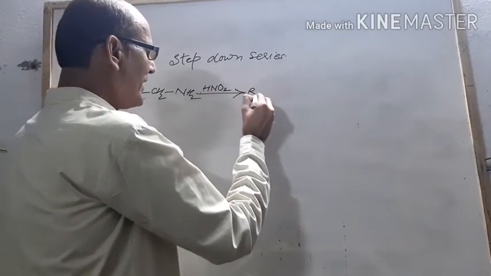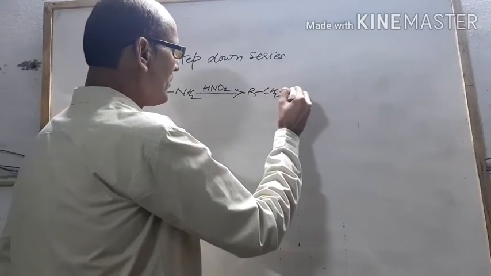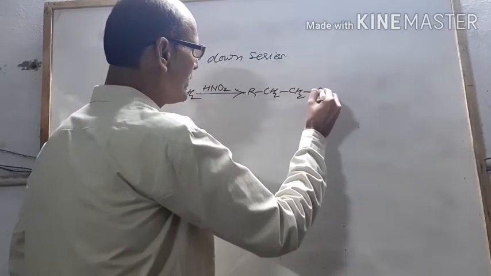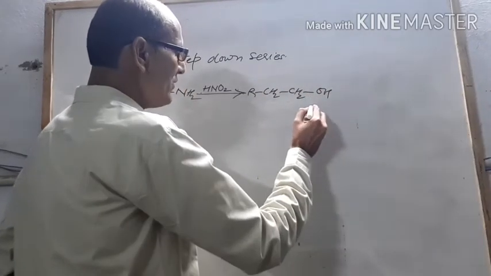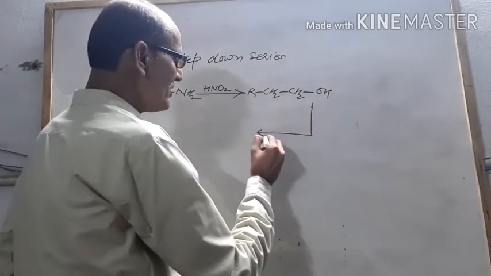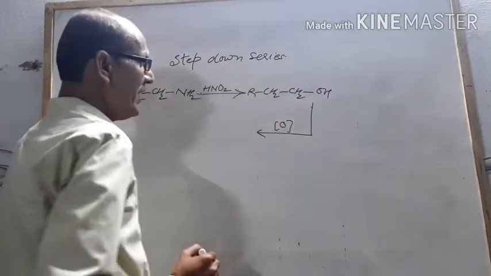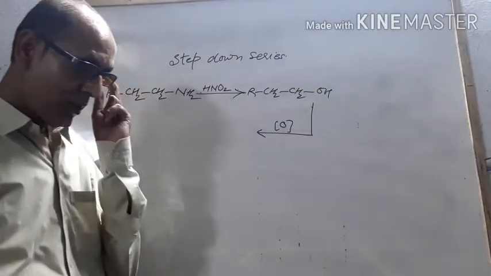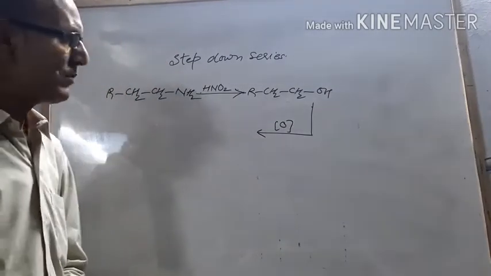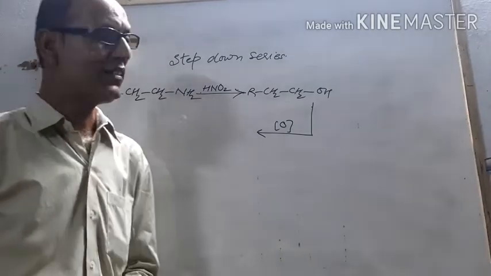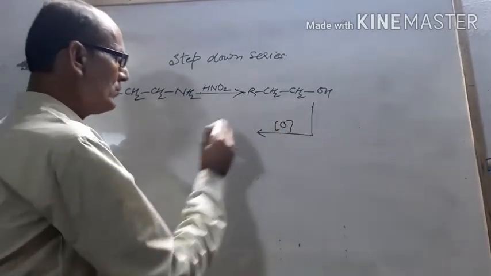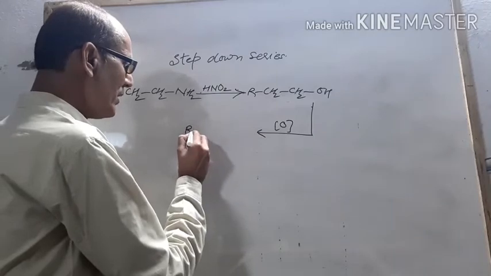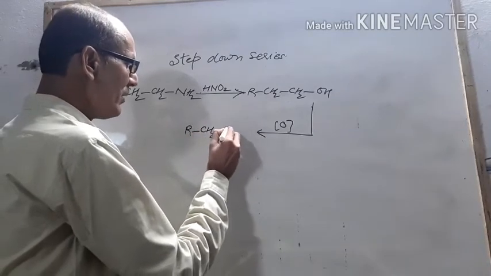So you will get R-CH2-CH2-OH. Then what will we do? Oxidation. As we know, when we oxidize any alcohol in the presence of dilute H2SO4 or potassium dichromate or any other oxidizing agent, aldehyde will form. So you will get R-CH2-CHO.